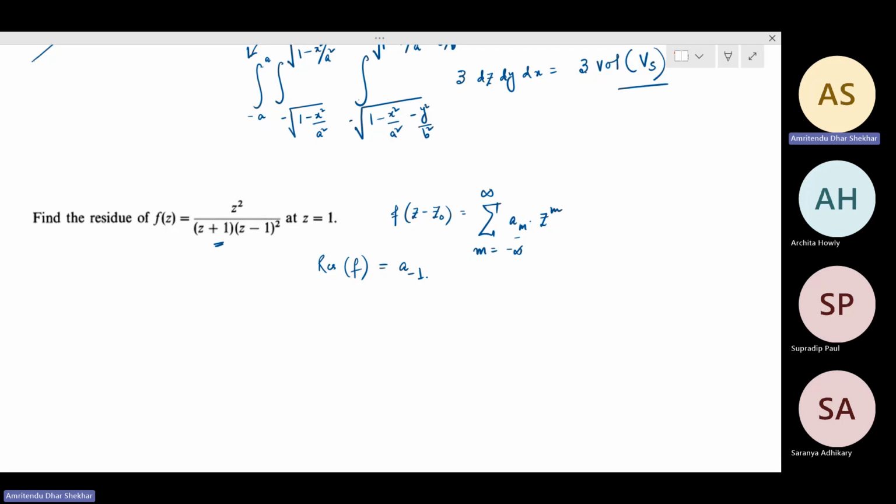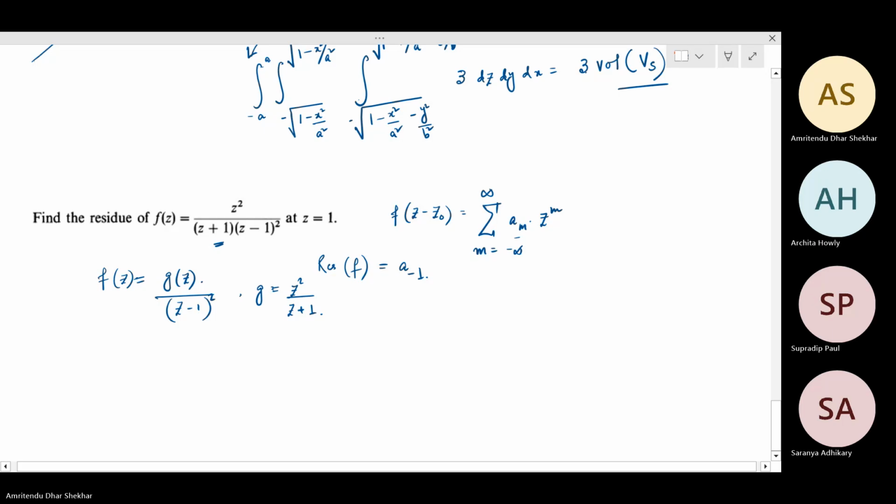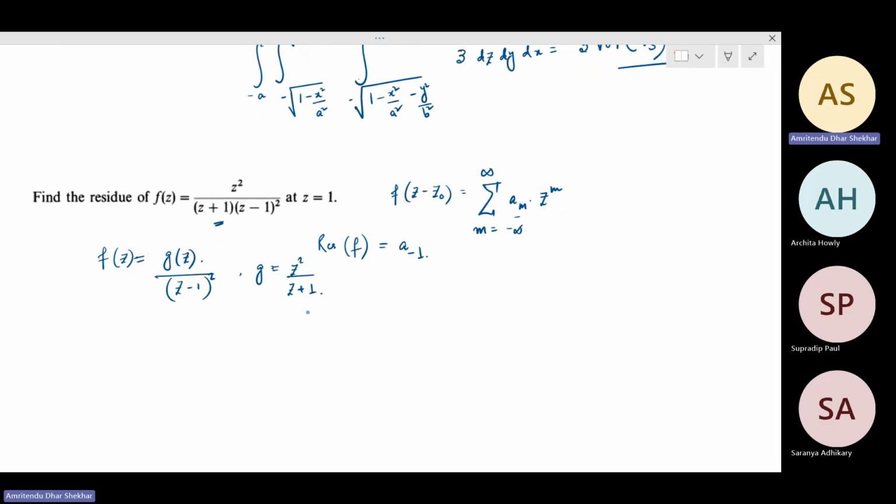So, notice that you can write this f(z) as a product of two functions. One is g(z) times (z minus 1) divided by (z minus 1) squared, where this g(z) is equal to z squared by (z plus 1). Now, of course, g is a holomorphic function at z equals 1.